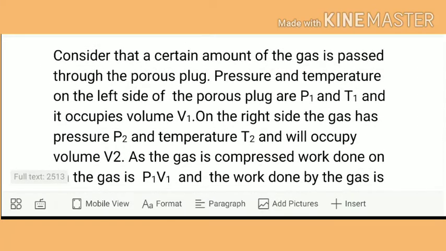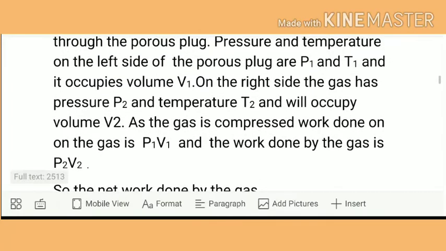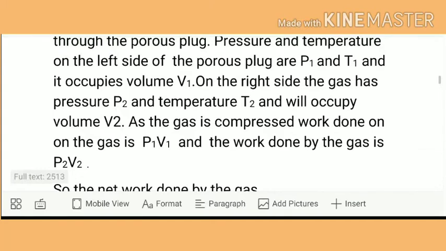Consider a certain amount of gas passed through the porous plug. As I already mentioned, the pressure and temperature on the left side of the porous plug are P1, T1, and volume is V1, and similarly the pressure on the right-hand side of the gas is P2, temperature is T2, and volume is V2.